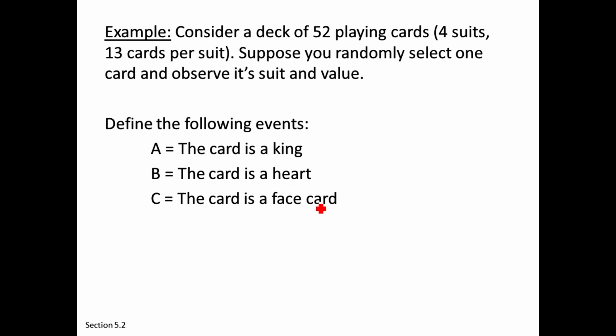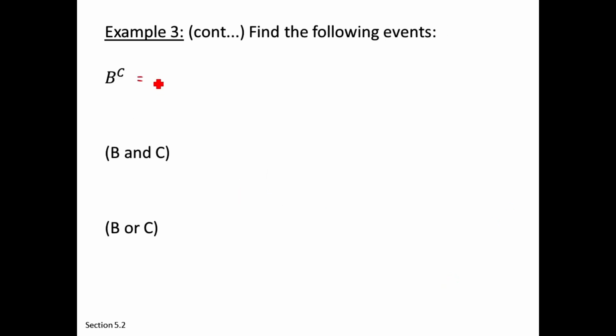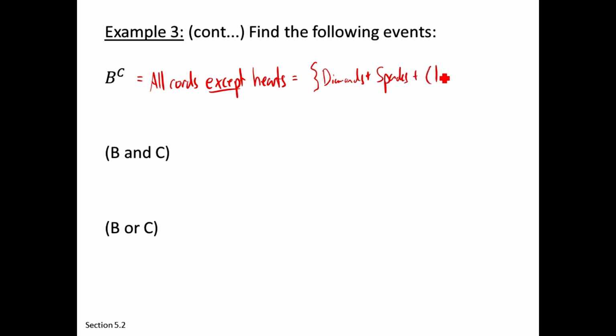B complement are all the cards except hearts. So that would be all your diamonds plus your spades plus your clubs. So it's everything except for the hearts.